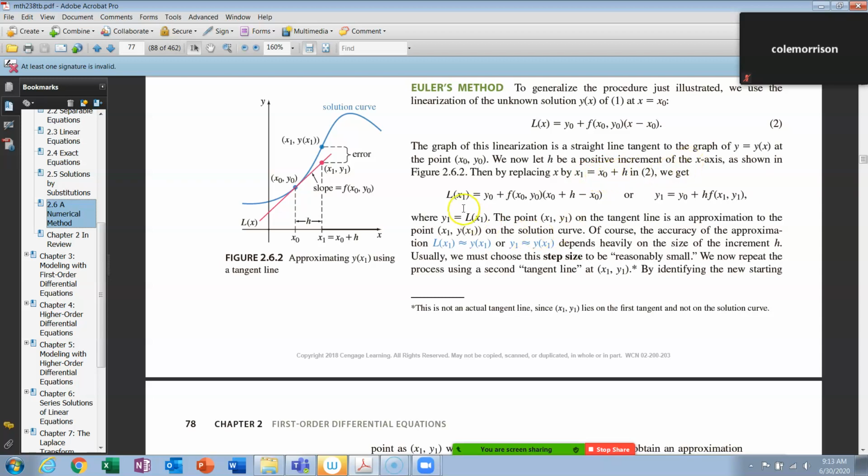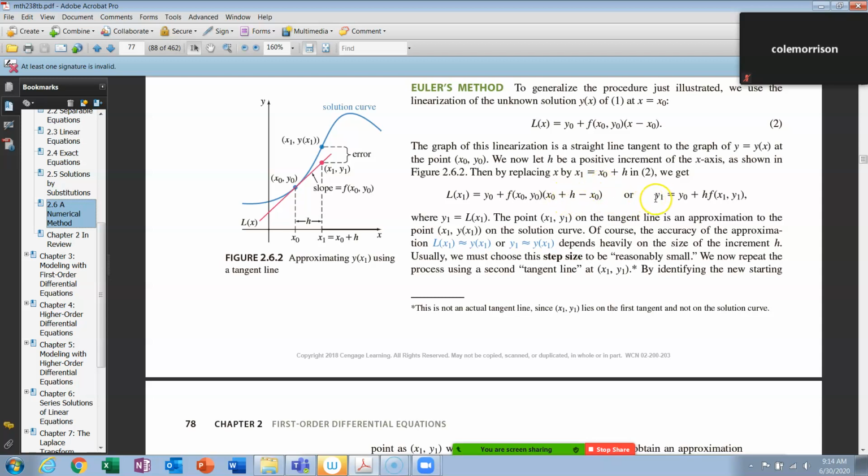We get this new linear approximation. This is your y1 is equal to y0, which was 4, plus the slope 1.8 times x1 minus x0, which is 2.1 minus 2, so that's 0.1.